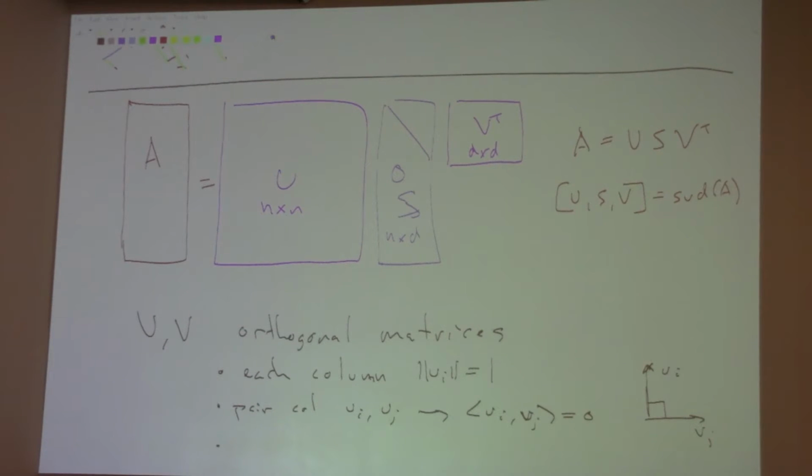Okay, and also it's going to be that the transpose is the inverse. So V transpose is going to equal V inverse. This implies that V transpose V is going to be equal to the identity matrix.